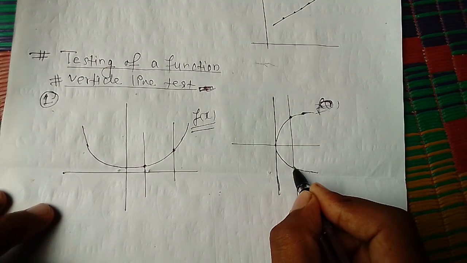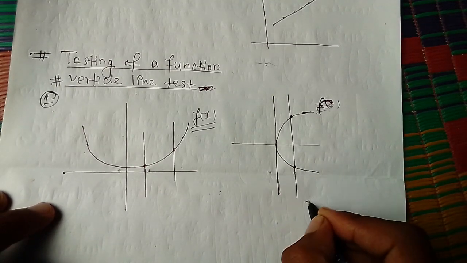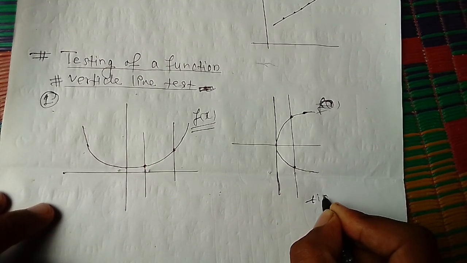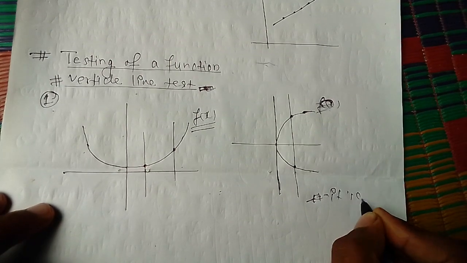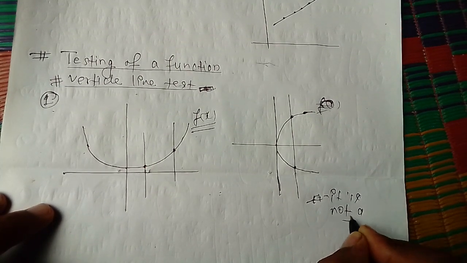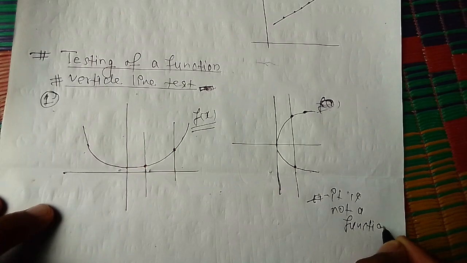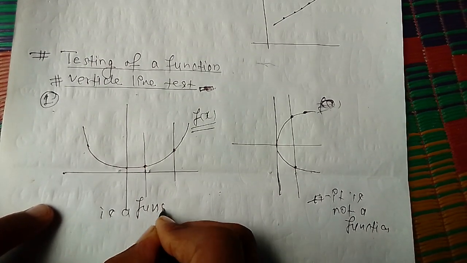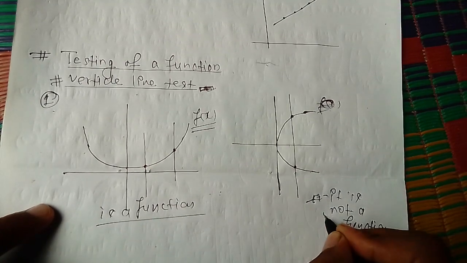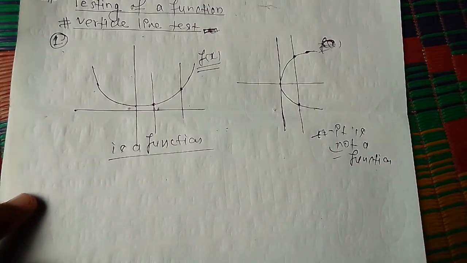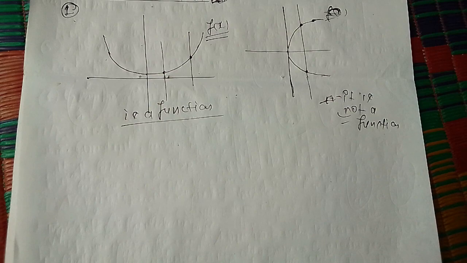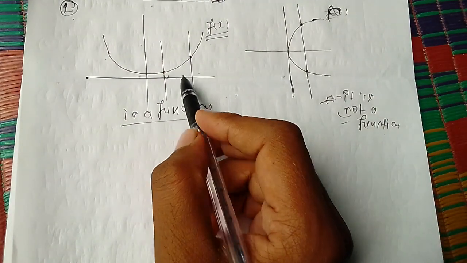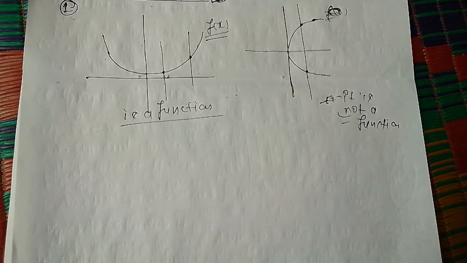So it is not a function. Here is a function, but this is not a function. So if we draw a vertical line, it must meet at only one point; that is the vertical line test.